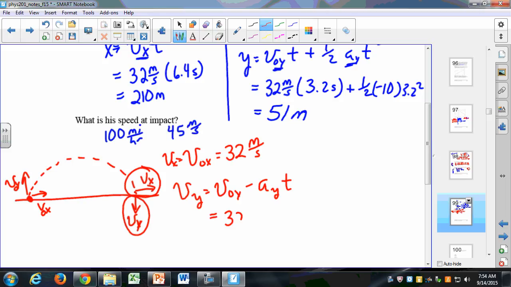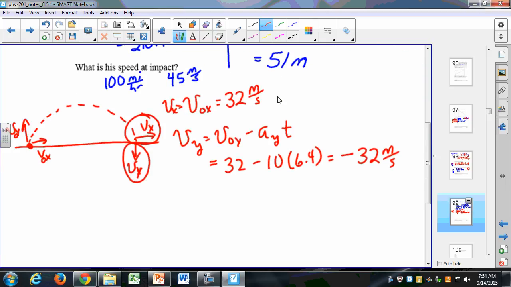That's going to be 32 minus 10 times 6.4. And as we'd expect, it has the same magnitude as the original vector, but it's in the negative direction. This is negative 32 meters per second. Well, you should know that without really working it out. You should just be able to look at it and tell that the velocity in the y direction is negative and has the same magnitude as the original initial velocity.